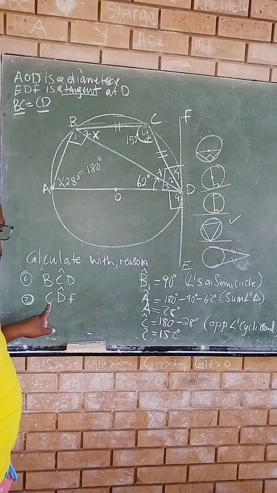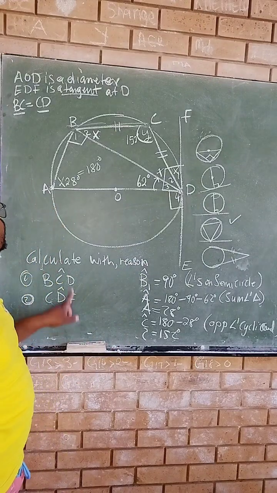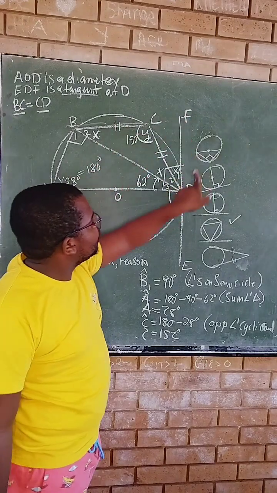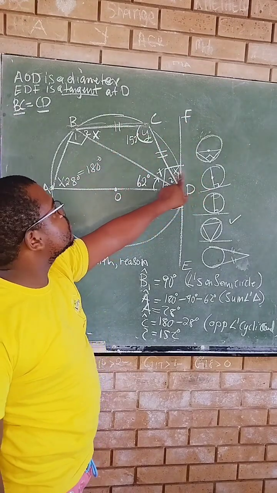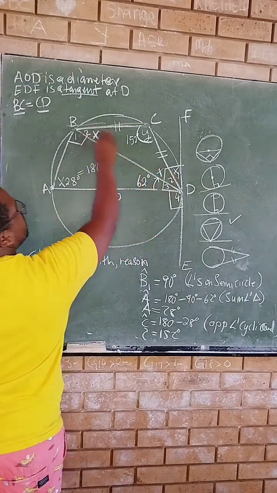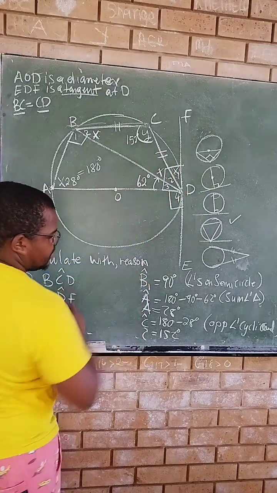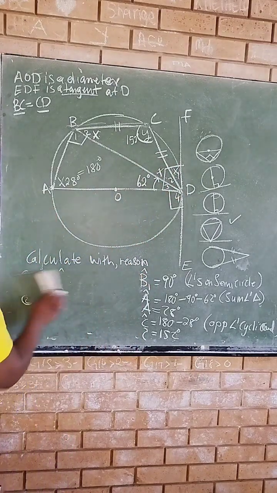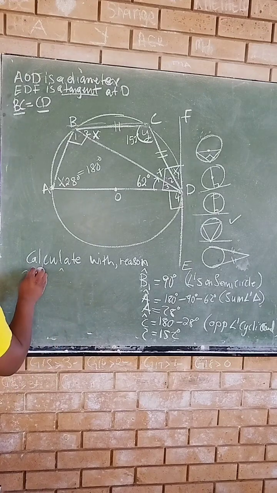Now let's go for CDF. Where is CDF? We are looking for that one. Remember, this one we can find very easily. We can start by getting these two, then we find that one.